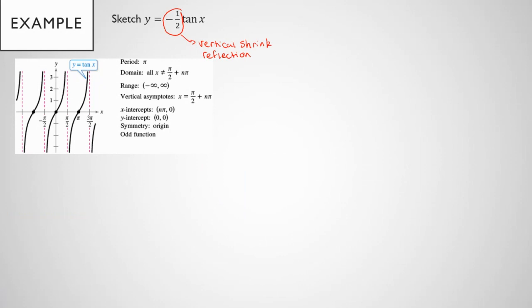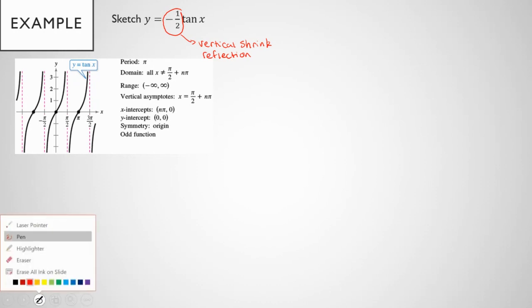But the nice thing is, because it's just tangent of x, we have no changes to the period or the asymptotes. We're not changing any of that. So we are basically taking our existing graph that I have here, and we are going to shrink it down and reflect it upside down.